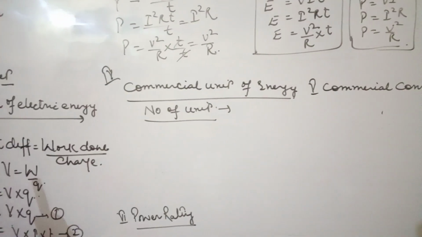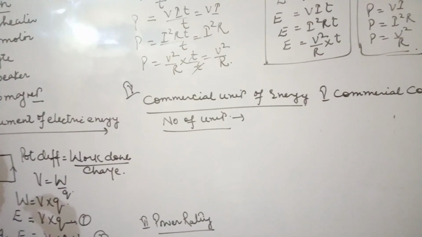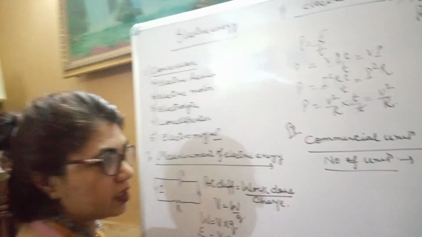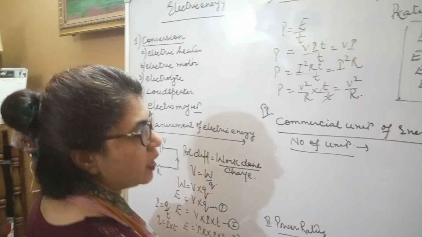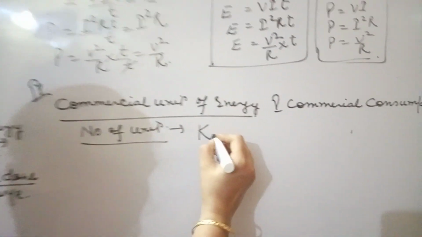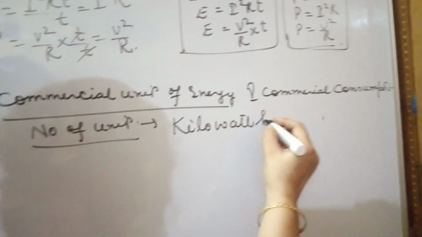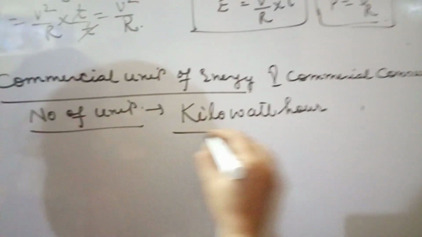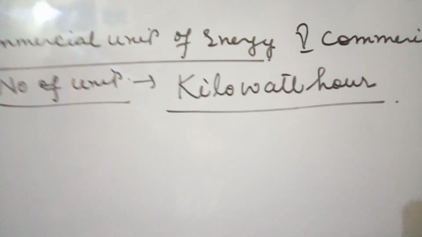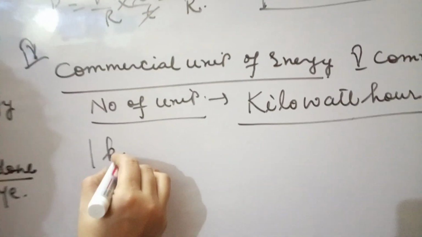This unit is nothing but the electrical energy consumed in 1 month. But what is the special thing in that unit? In units we measure the electrical energy in kilowatt hour. So that is called the commercial unit of electrical energy. So how do we find the kilowatt hour?